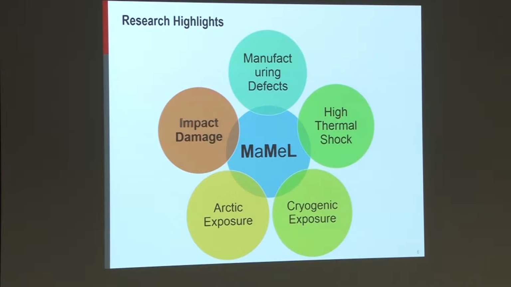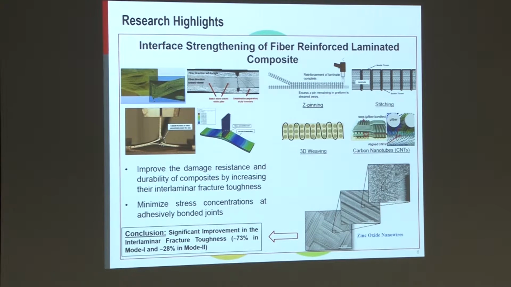Impact damage. Well, within this work, our focus is on improving the damage resistance and durability of layered composites. And we know that in layered materials, the interlaminar regions, or the regions between layers, are highly susceptible to damage, in particular delamination or separation of these layers.